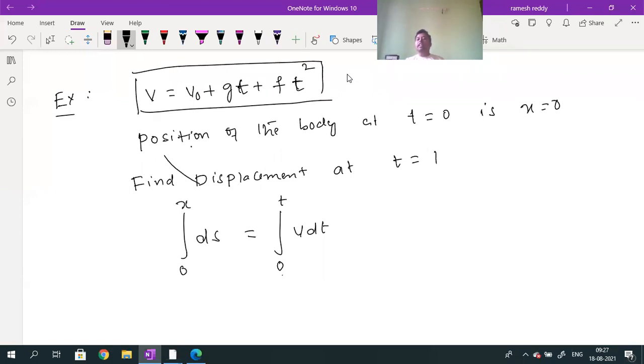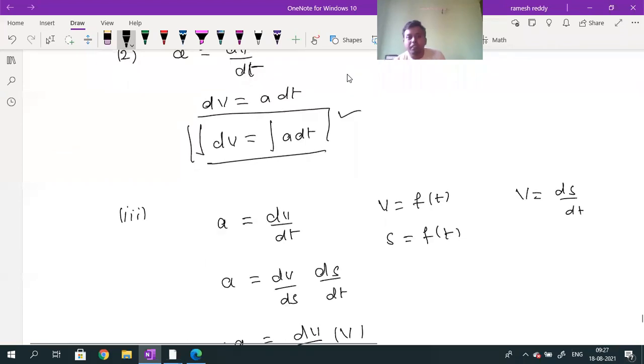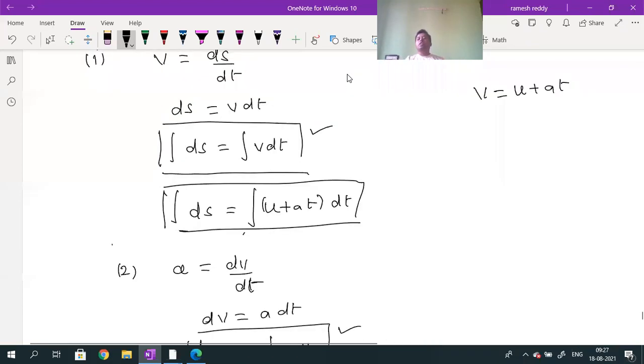They gave velocity and asked us to calculate displacement. Which equation connects velocity and displacement? The first equation only: integration of ds is equal to integration of v into dt.